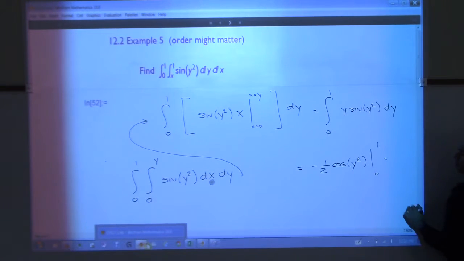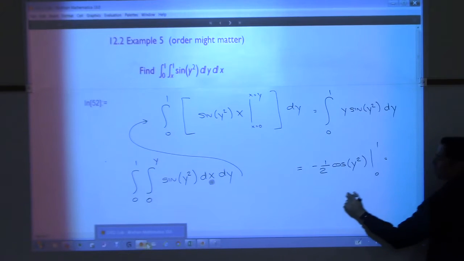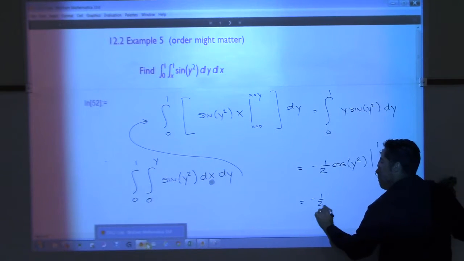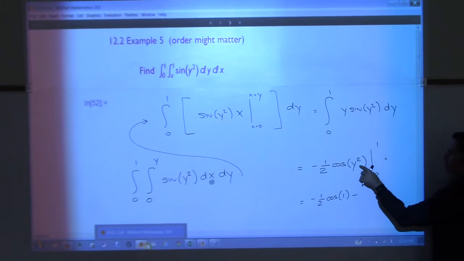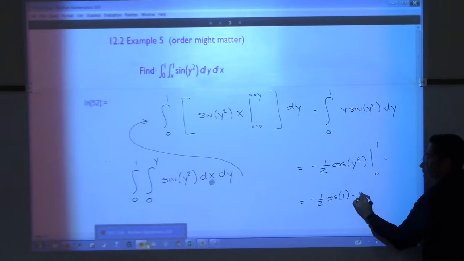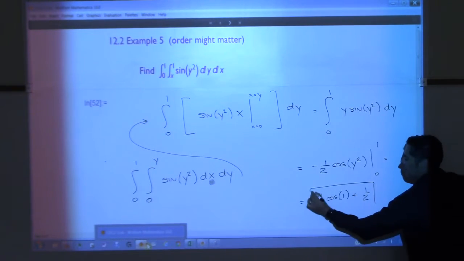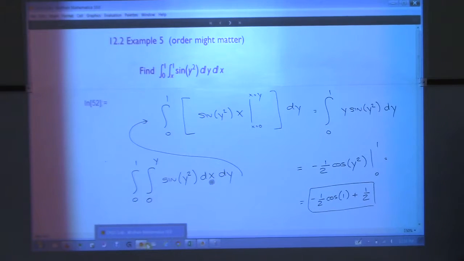And if we plug in 1, we get negative 1/2 cosine 1 minus, if we plug in 0, what's cosine of 0? 1, so minus 1/2. Minus 1/2, right? Plus 1/2. See, we beat Wolfram Alpha there. It's one of the rare times we win.